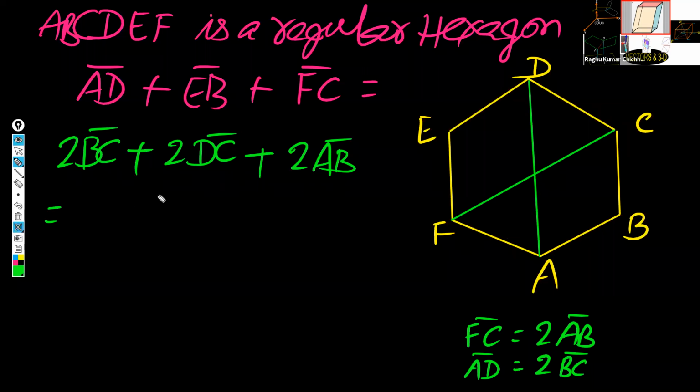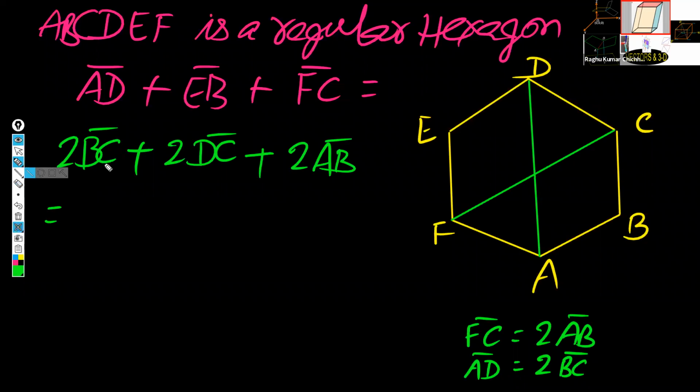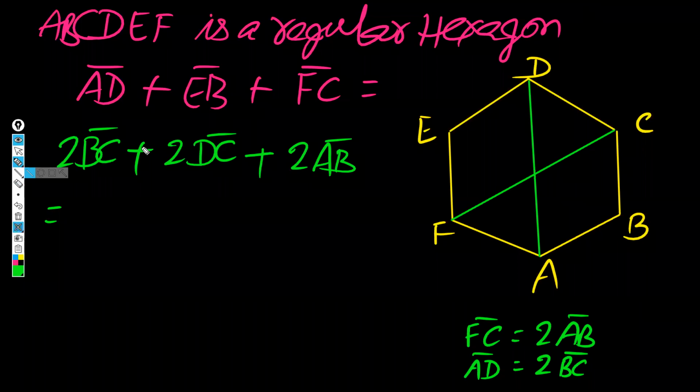Okay. Now you continue this, what I wrote. Twice BC plus twice DC. Instead of BC, or what is DC there? DC is parallel to AF, no? No, sir, I did it another way, sir.